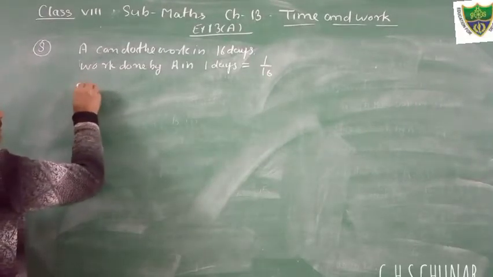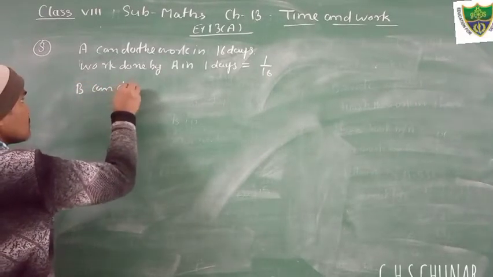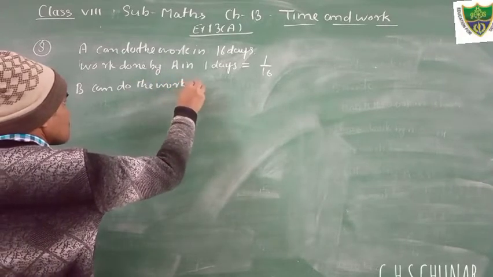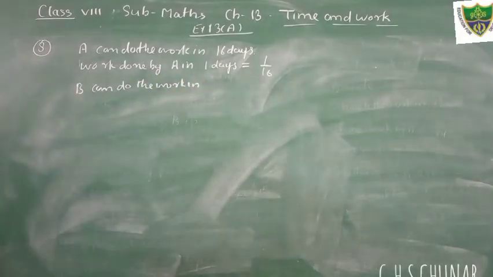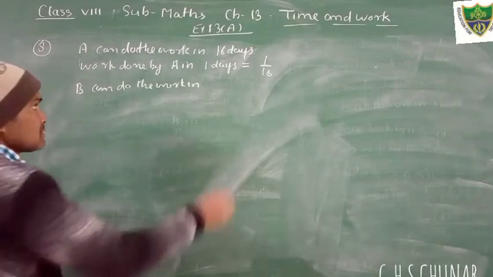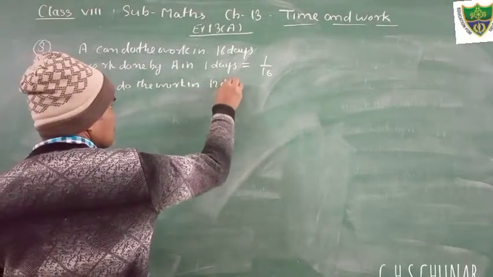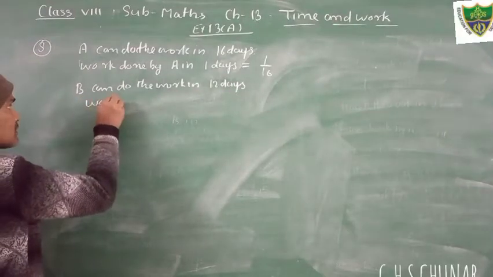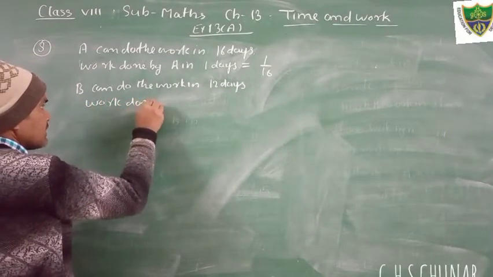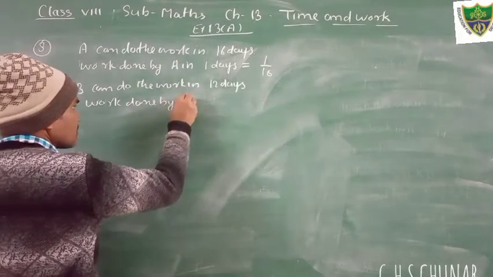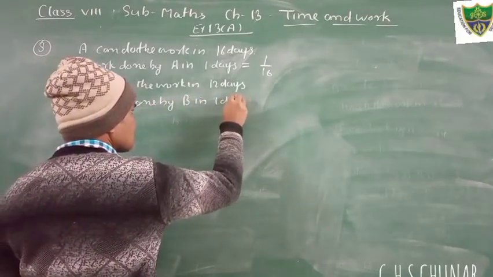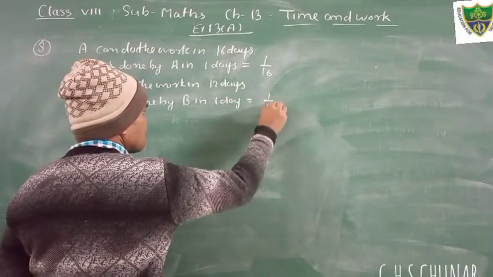Next, B can do the work in 12 days. Now, work done by B in 1 day is 1 upon 12.